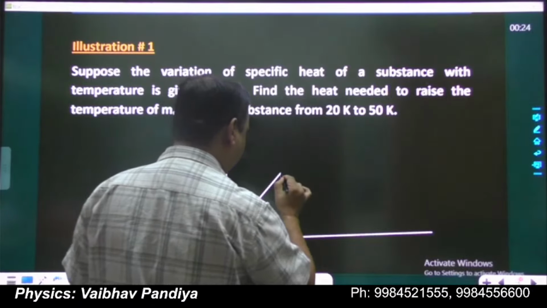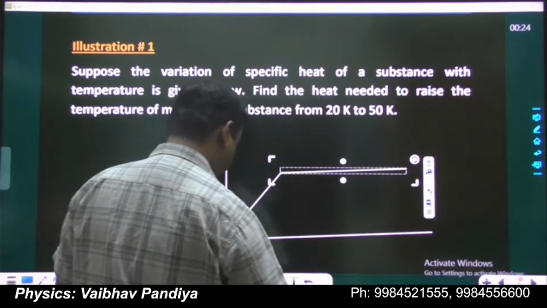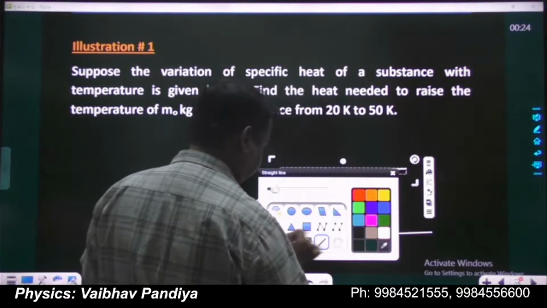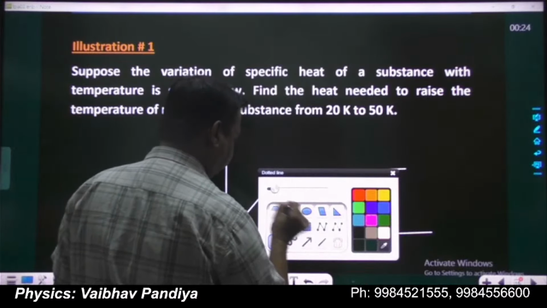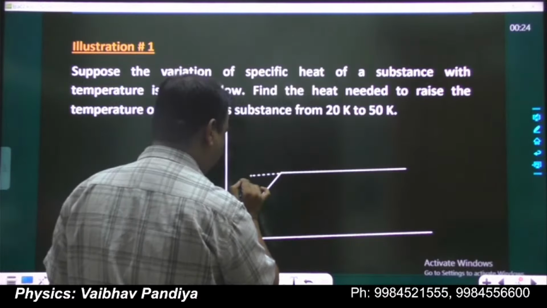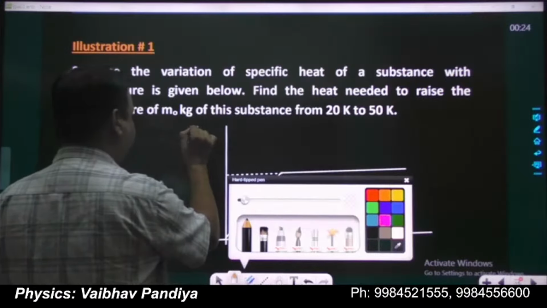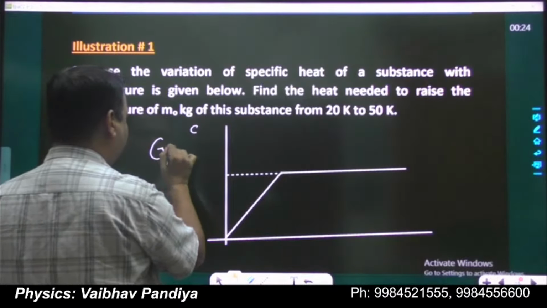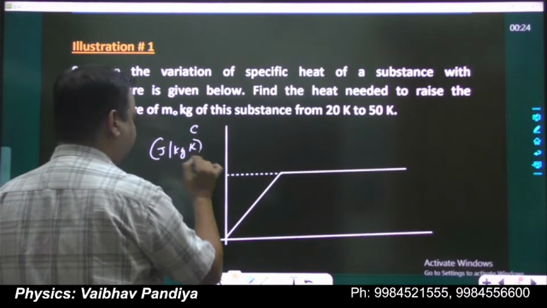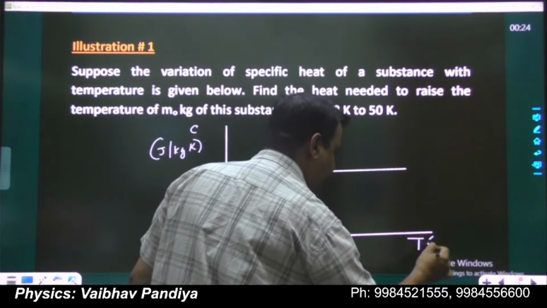And here you are given the value of C, specific heat, in the unit of joule per kg Kelvin. And this axis is the temperature, say Kelvin.